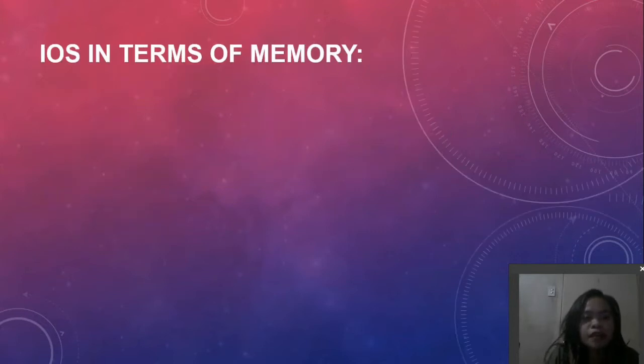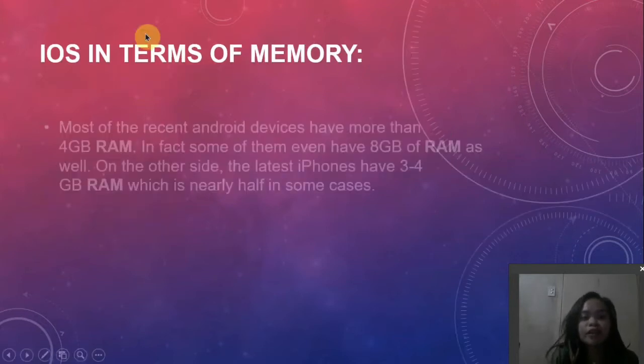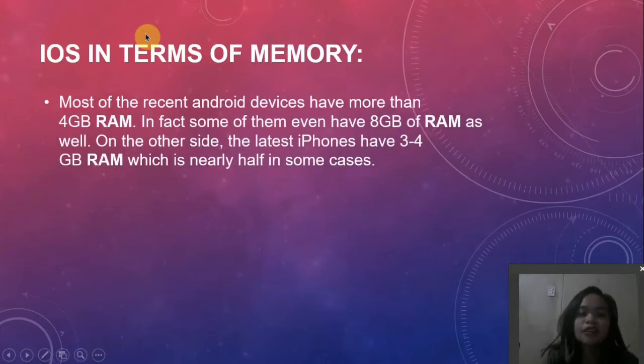Okay, iOS in terms of memory. Most of the recent Android devices have more than 4 GB RAM. On the other side, the latest iPhone has 3 to 4 GB RAM, which is nearly half in some cases.